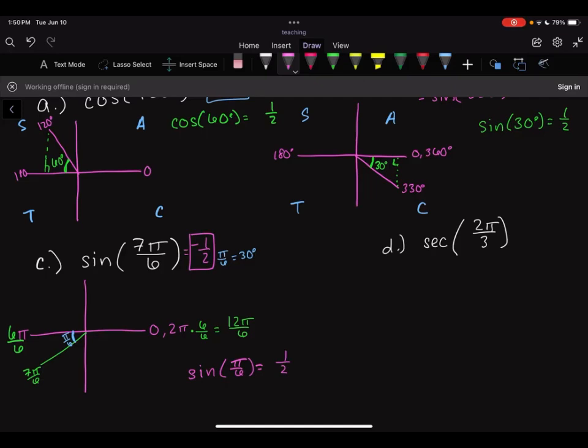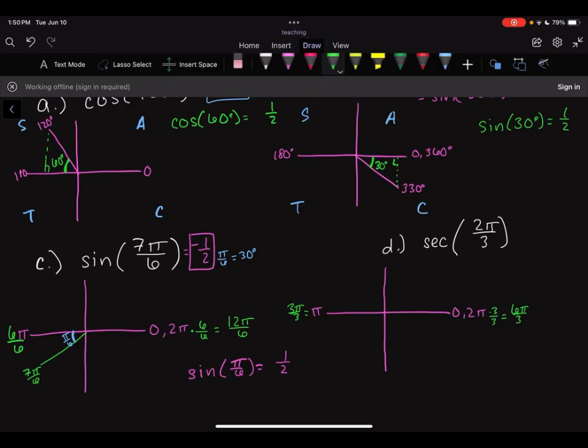Let's do secant together. So 2 pi over 3, so this is 0, this is pi, this is 2 pi. And now I want a denominator of 3, so I'm going to have 3 pi over 3. If I multiply this by 3 over 3, this becomes 6 pi over 3. 2 pi over 3 is definitely closer to 3 pi over 3.